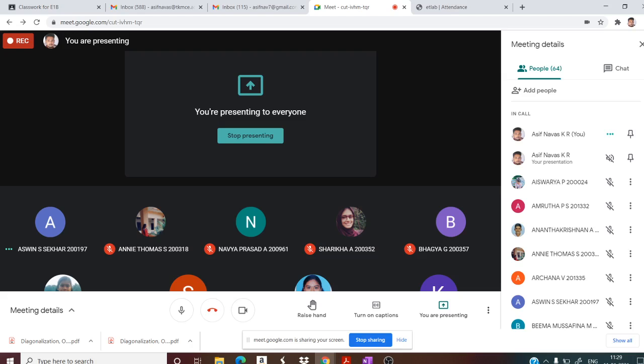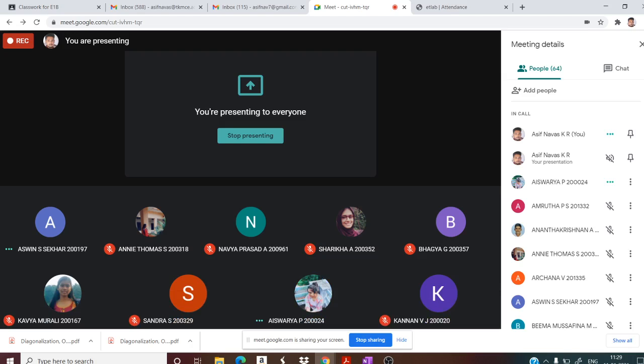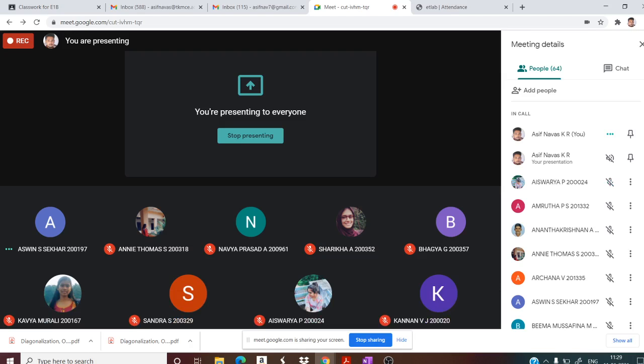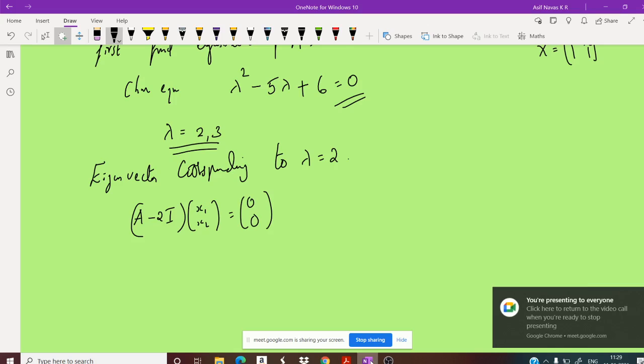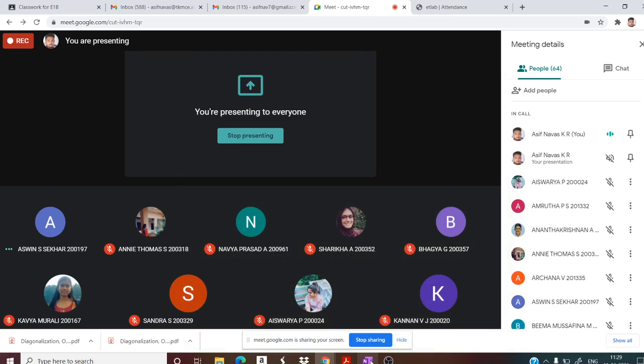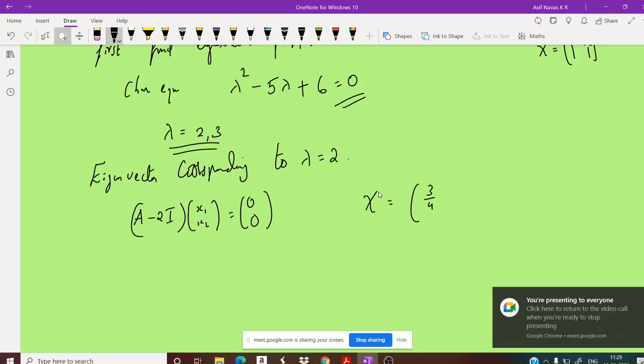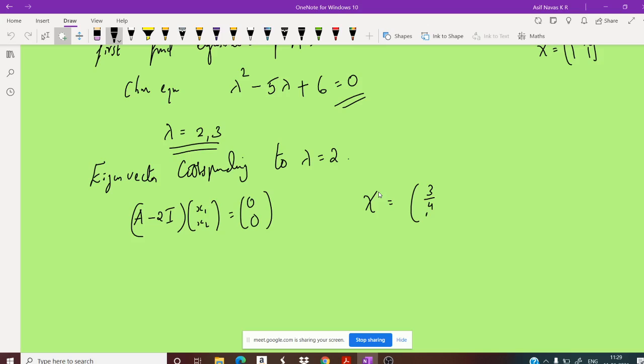Aishwarya, roll number 1, did you get the answer? Anybody got the answer? X is equal to 3 by 4 and Y is 1. Everyone got this answer? Yes, sir.